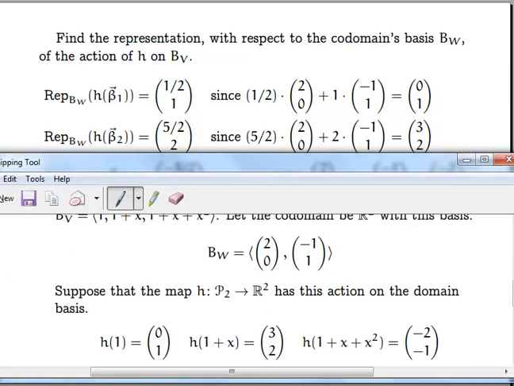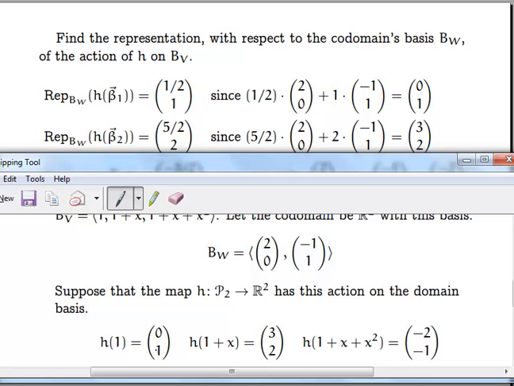Okay, so here we go with the copy. Now I want to find the representation using the BW basis for h of beta 1. And it's claimed here that this representation is 1/2 and 1. Why is that? Because h of 1 in the standard basis is 0, 1.